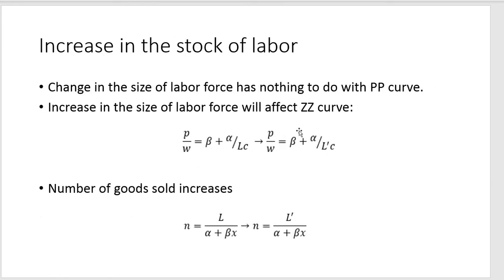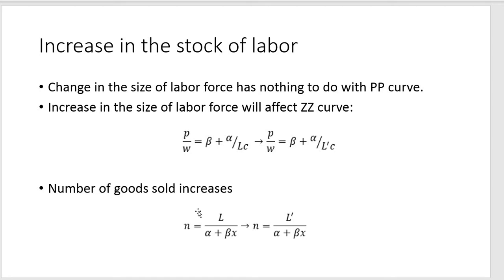To be more precise, if we assume that L prime is bigger than L, the coefficient of 1 over C will change, and as a result, the function will shift down and the slope will change accordingly. You will see this in a second.